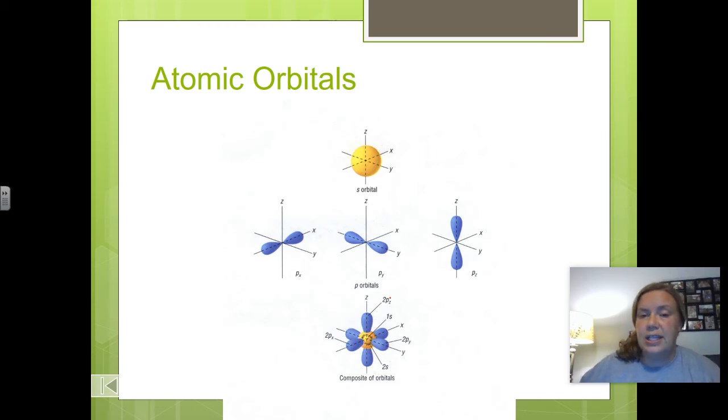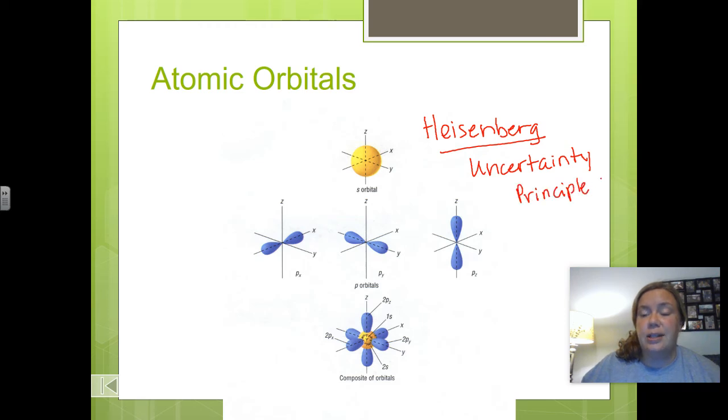Now, which scientists said, hey, this is where they're most likely going to be? We have Heisenberg. Heisenberg came up with the uncertainty principle, which says that we cannot determine the momentum and the position of an electron at the same time.